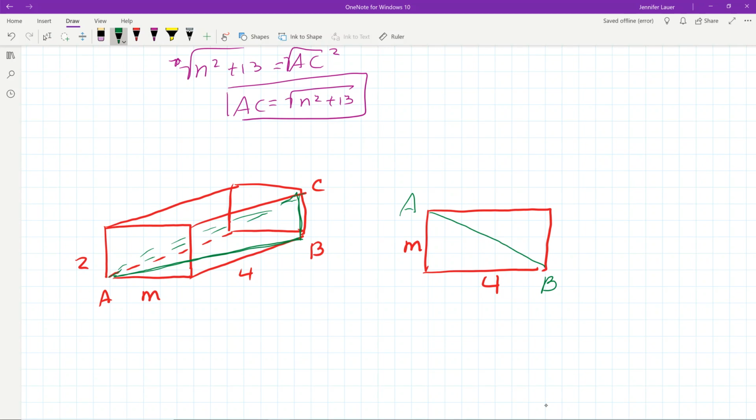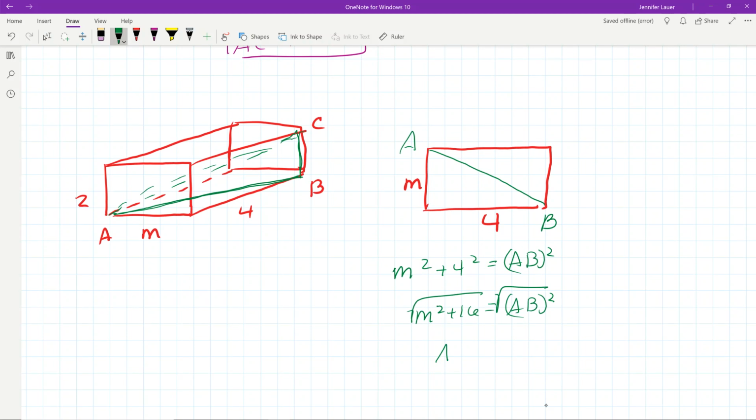So we're going to use the Pythagorean theorem just like we did last time. M squared plus 4 squared is equal to AB squared. This is going to be M squared plus 16 is equal to AB squared. Taking the square root of both, I can see that AB is equal to the square root of M squared plus 16.